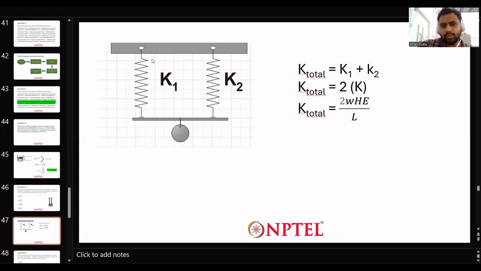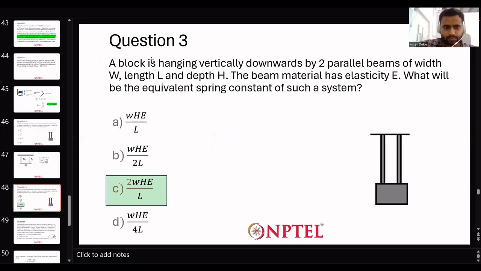Since the two springs are now connected in parallel, this is the formula for springs in parallel: the total spring constant is twice the individual spring constant. From the equation, we know that the spring constant of a single spring is WHE upon L. So the total spring constant is 2 WHE upon L. That's the answer.